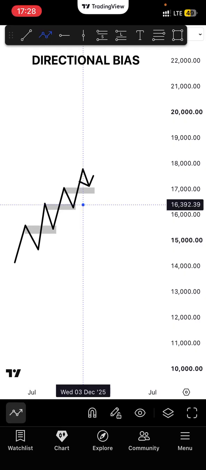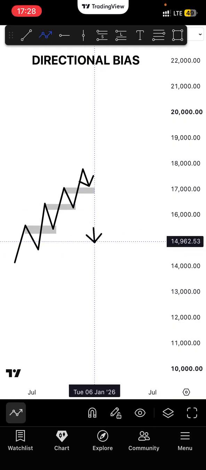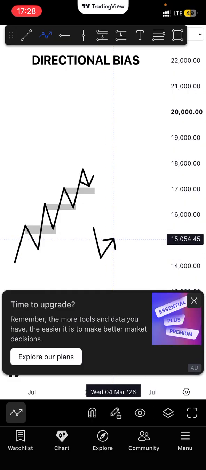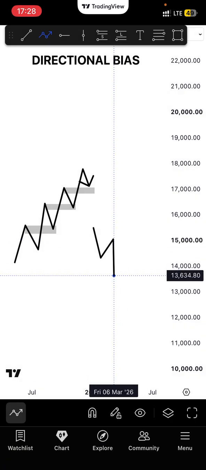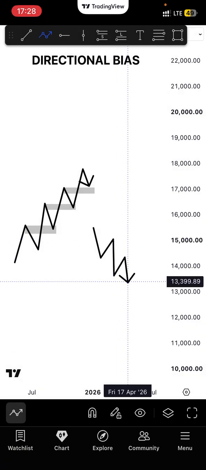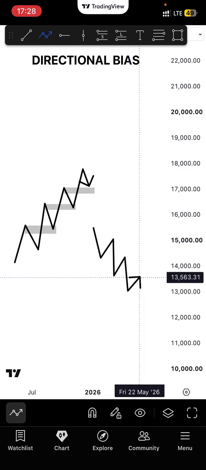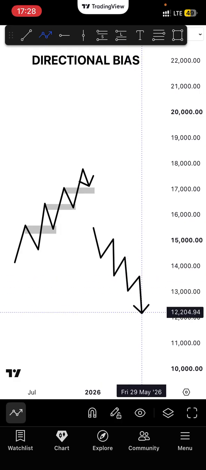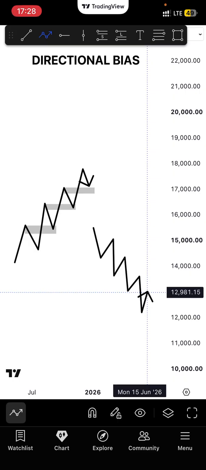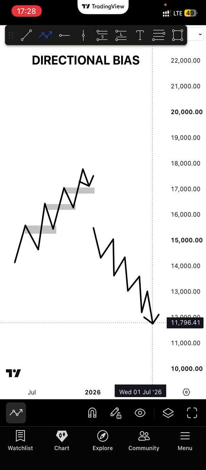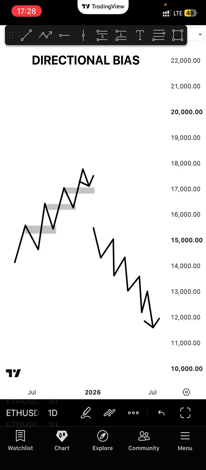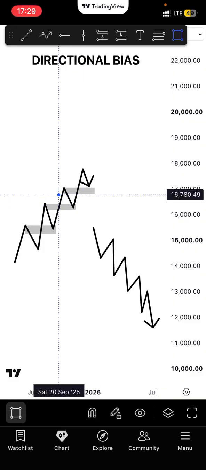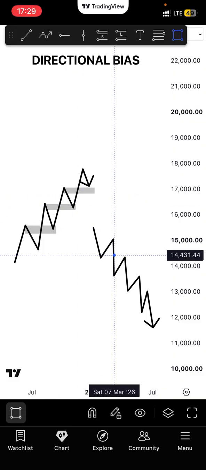If I come to the chart and I see price doing something like this, lower highs, lower low, lower highs, lower low, lower highs, lower low, lower highs, we can clearly see that price has been breaking structure to the downside and it's just going down.